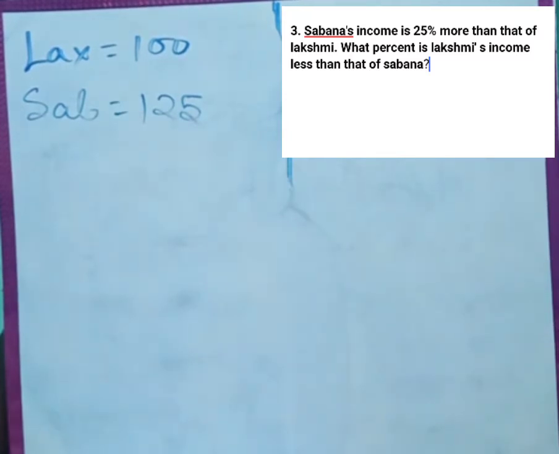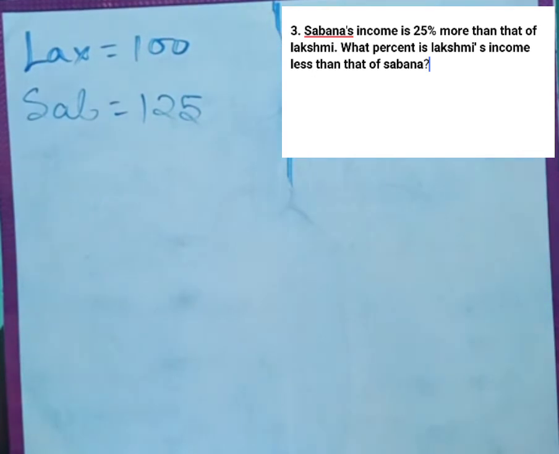So here, there is one thing, guys: whenever a comparison question comes, whenever a comparison comes in any question, always remember you have to take the difference of the two parameters and divide it by the person with whom you are comparing. Like here we are comparing Lakshmi's income with Shabana's. We are not comparing Shabana's income with Lakshmi's.